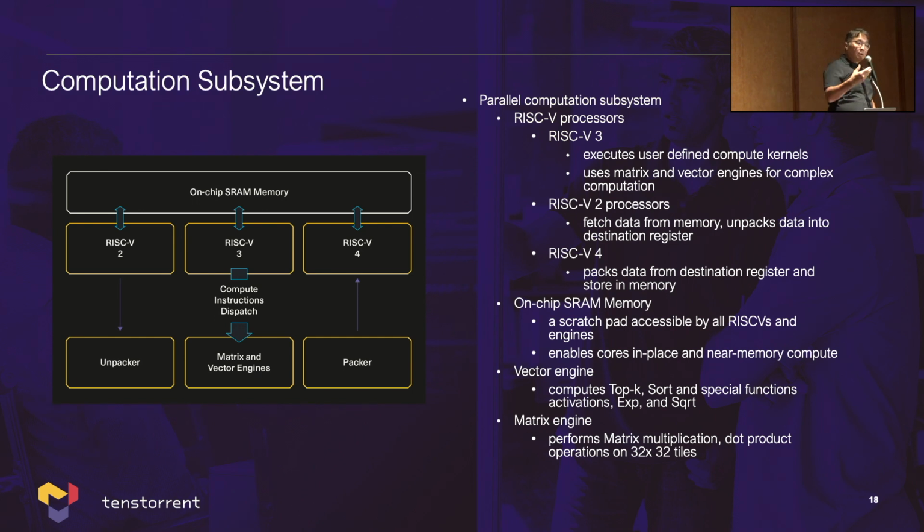In the middle, the processor is issuing the instructions for the vector engine and the matrix engine to perform the computation and writing back to the local memory. And then the last processor is taking the result of the computation and reformatting, putting it back to the memory of the destination region in the format you want, and then sending out.